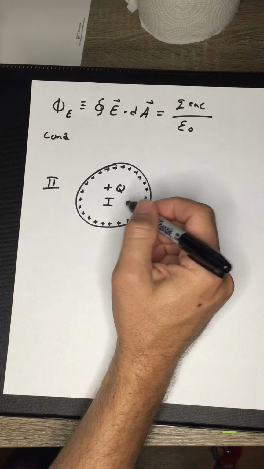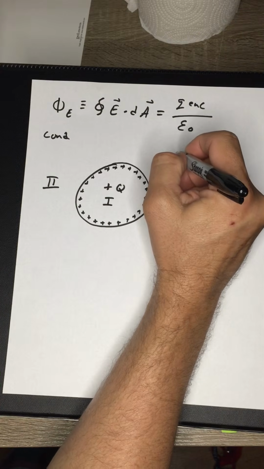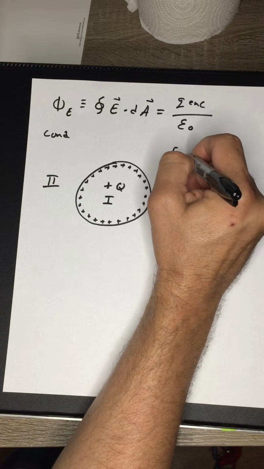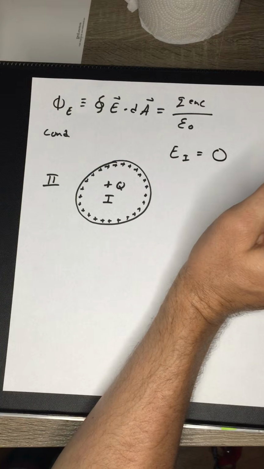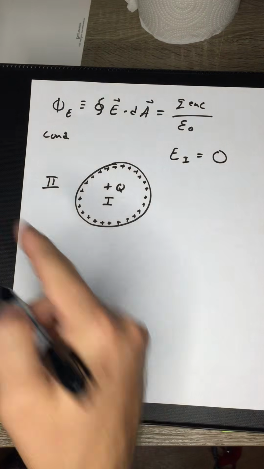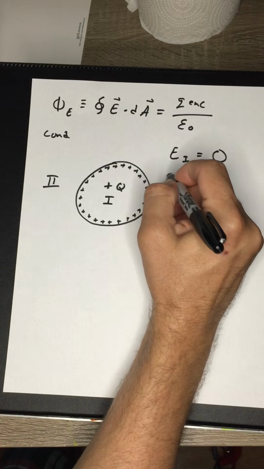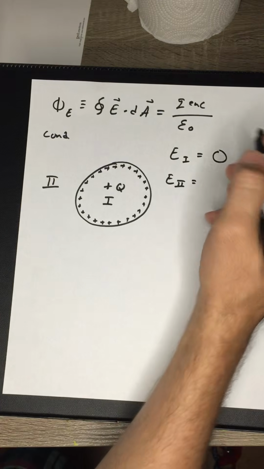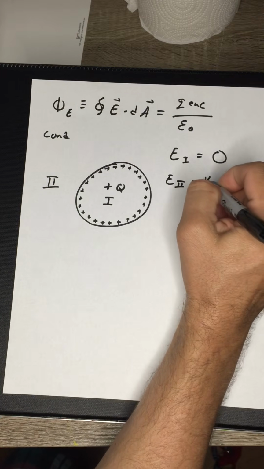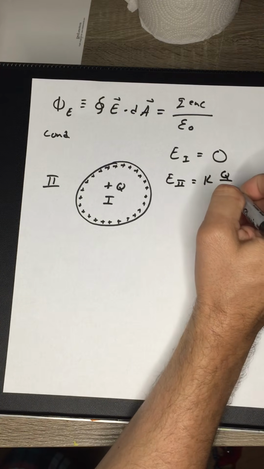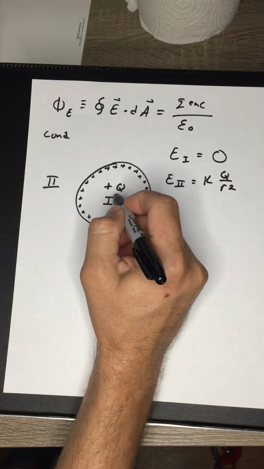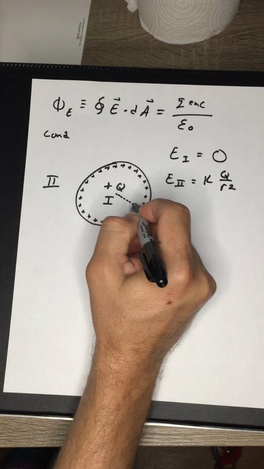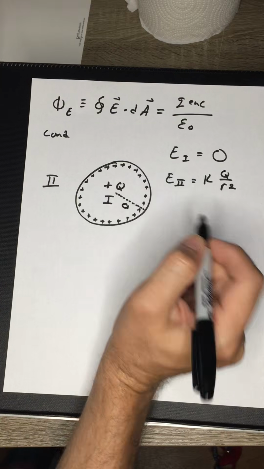Because this is a conductor, from previous work, we know that the electric field inside is identically zero. And from the last video we know that the electric field outside is going to act exactly like a point charge, kQ over r squared. So I suppose we should give this thing a radius. Let's give this a radius a.